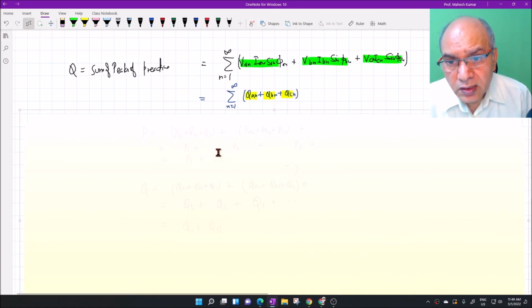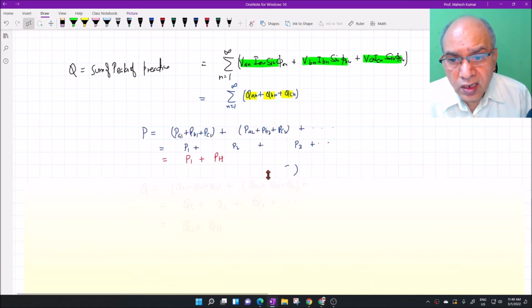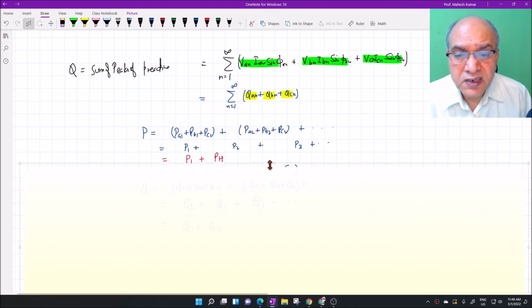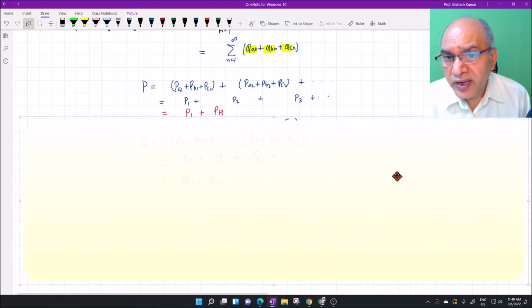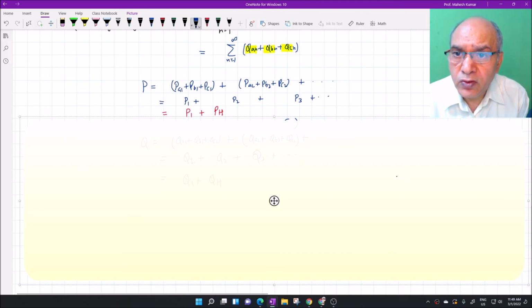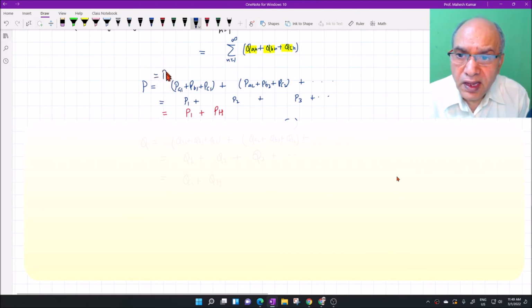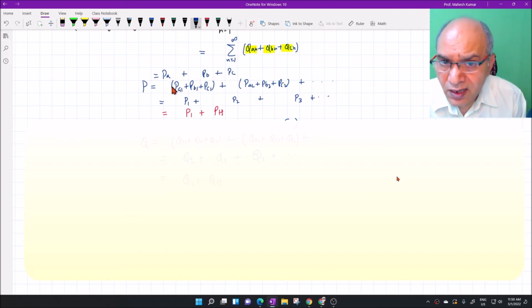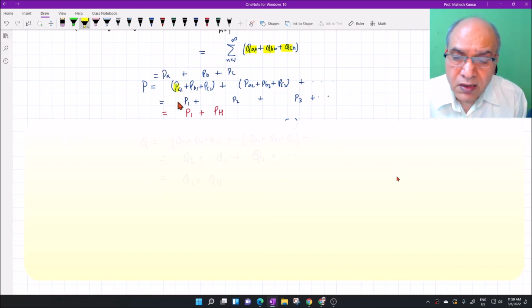So what is the total real power in terms of the fundamental and harmonics? We can write that P equals PA plus PB plus PC, and each real power has the fundamental and harmonics. So I can write PA1 plus PB1 plus PC1 plus PA2, PB2, PC2 and so on.